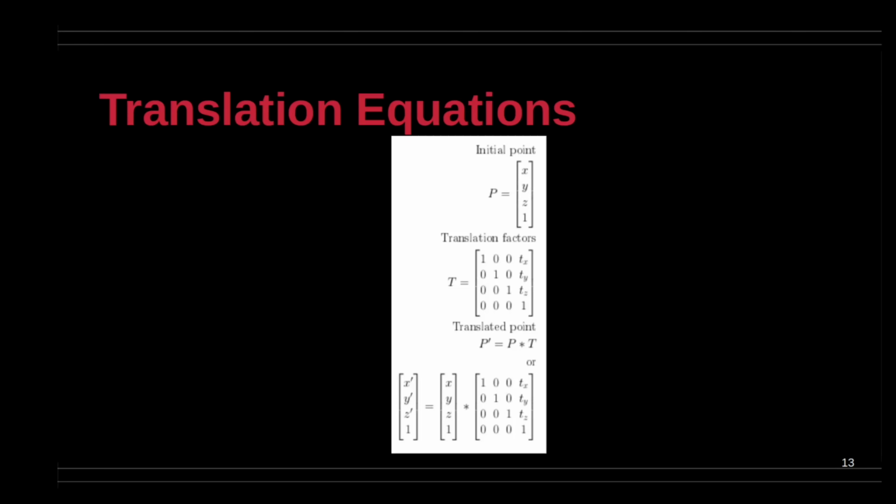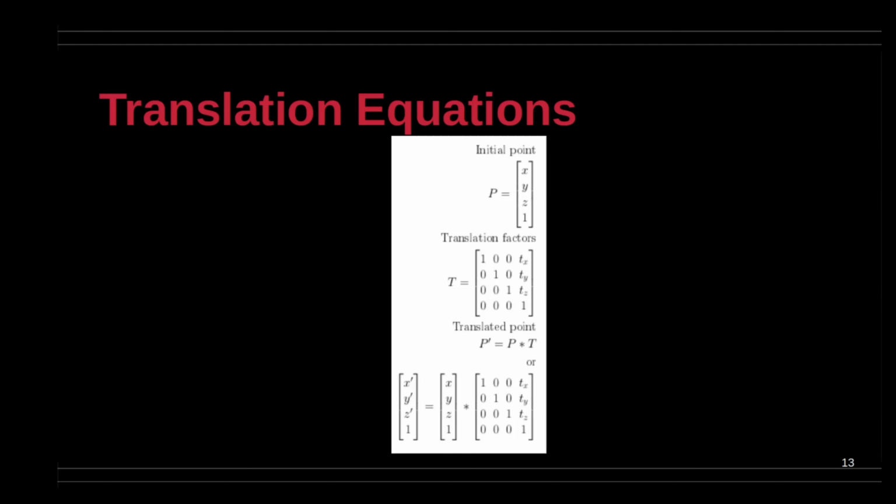The linear movement with no scaling or rotation is expressed with directional movement values t sub x, t sub y, and t sub z in the respective coordinate axes. This is represented as the matrix T with the translation values in the fourth column. The new point, expressed as P prime, is computed by multiplying the matrices P and T.